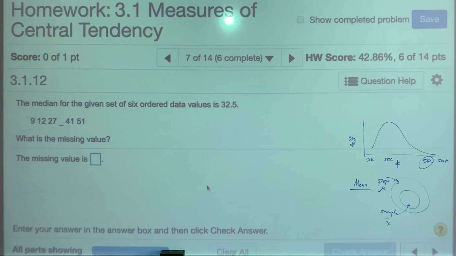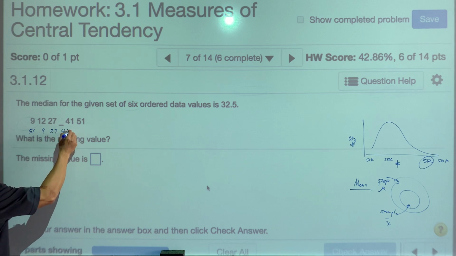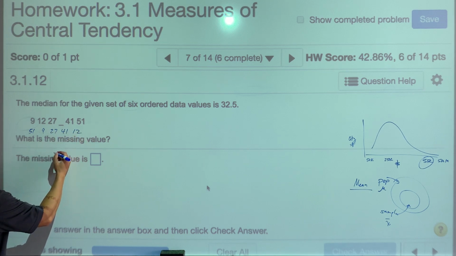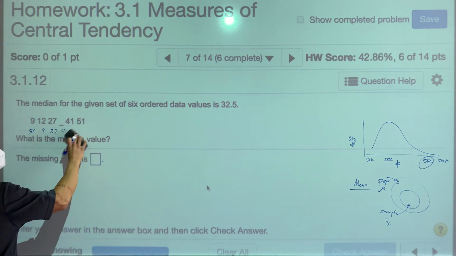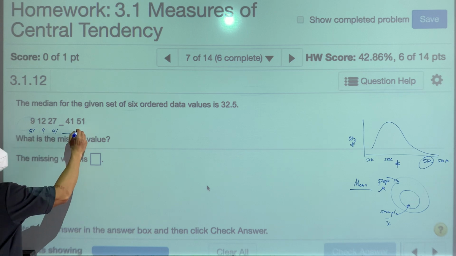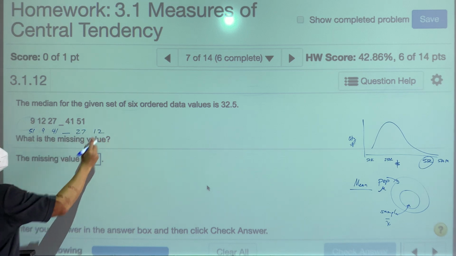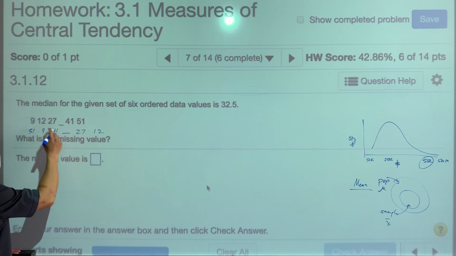If they're not sorted, as an example, 51, 9, 27, 41, 12, and, well, let me do this. Screwed that one up. 41, blank, 27, 12. Let's do it that way. If they're not sorted, the median represents the middle number.